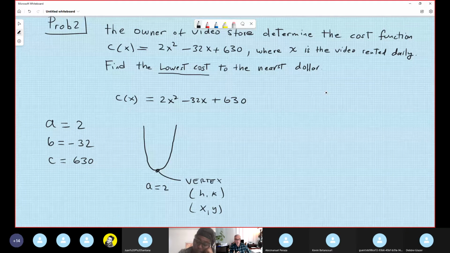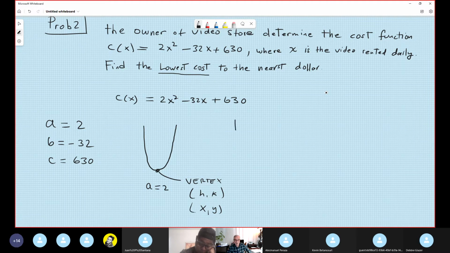In our word problem, X is videos. How many videos? I don't know, I need to find that. And K represents the cost in dollars. So the final goal is K. Okay, find the K. Let's do it.